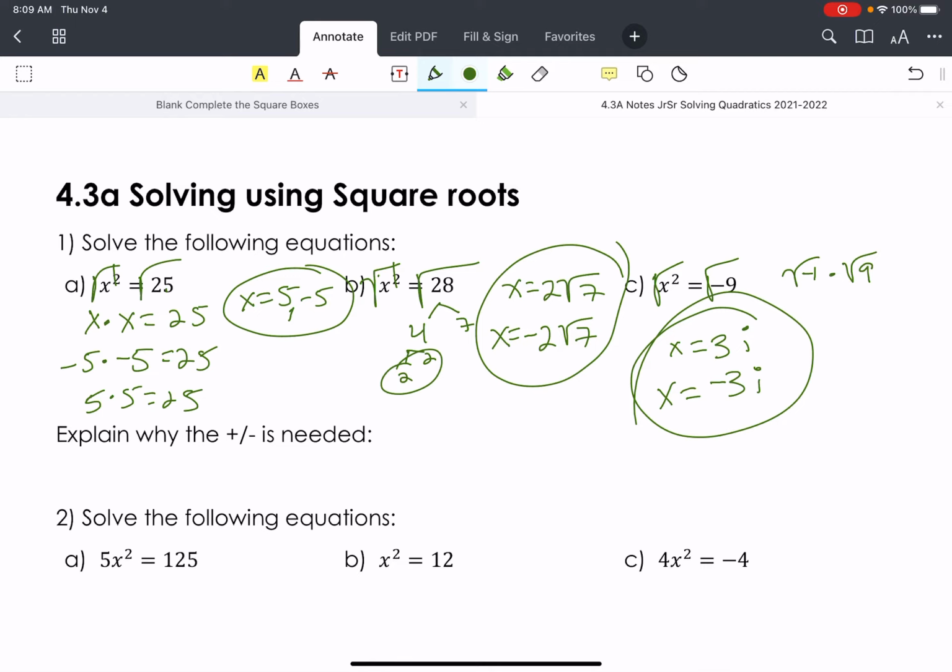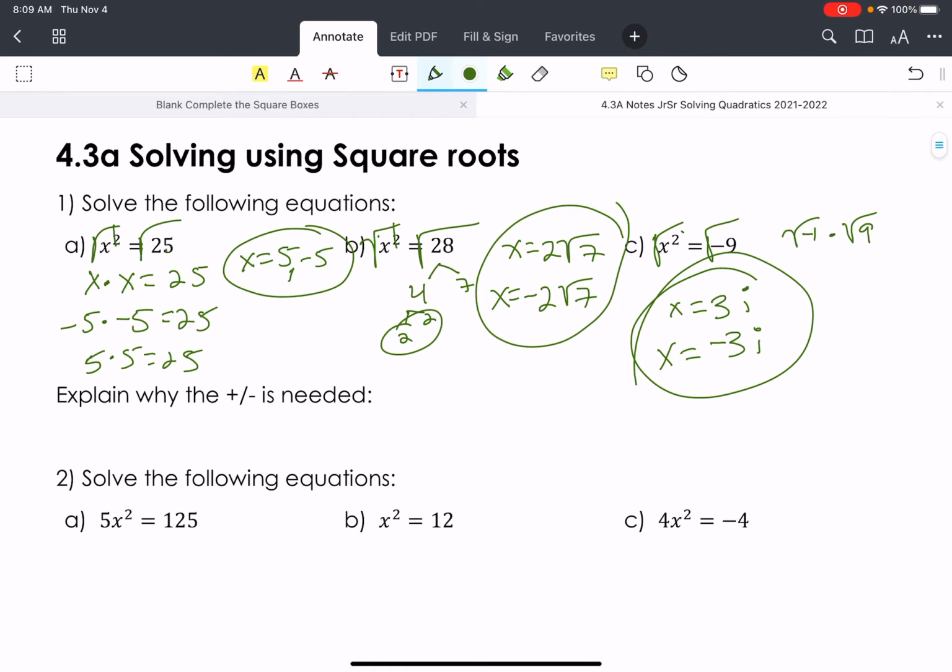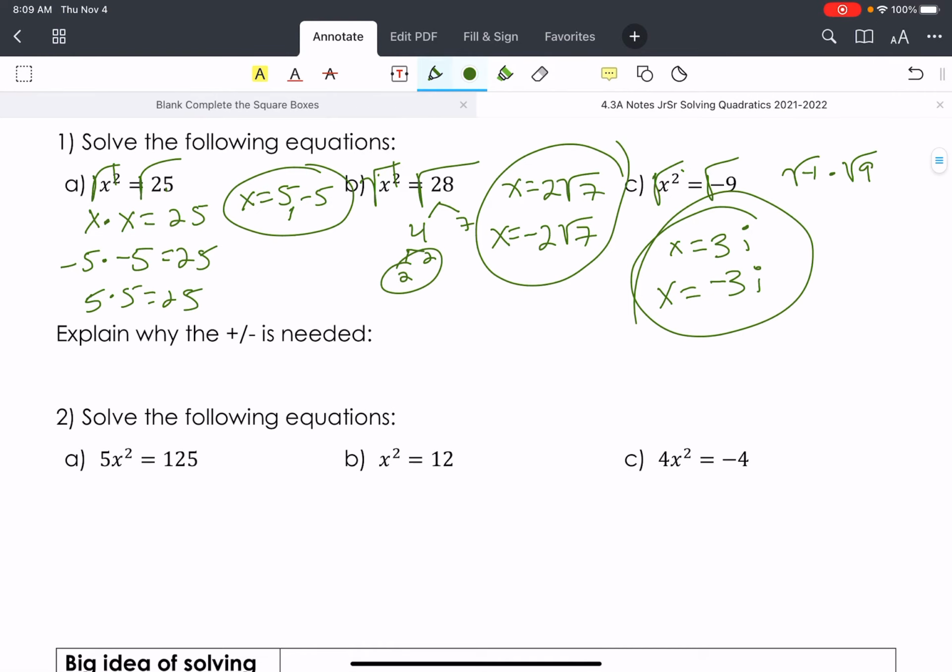Because the highest exponent, the highest degree, matches the amount of answers. You got it. If I didn't remember to do my positive and negative, then that squared would have only had 1 answer, and I have to have 2 by the fundamental theorem of algebra. So that's even another reason why we need the plus or minus. Good, Cheyenne. Does that make sense, you guys? You with me?